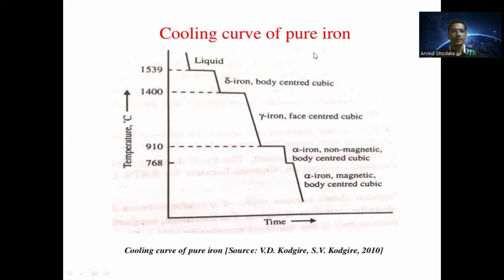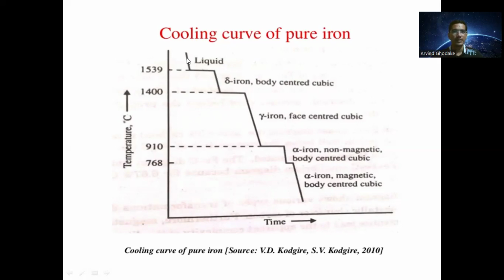So for pure iron, 1539 is the melting point. Above this melting point, the pure iron is present in the liquid phase. Here at this point, the pure iron is present in the liquid phase.